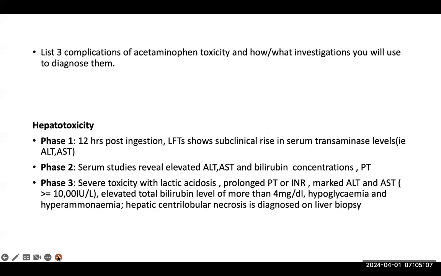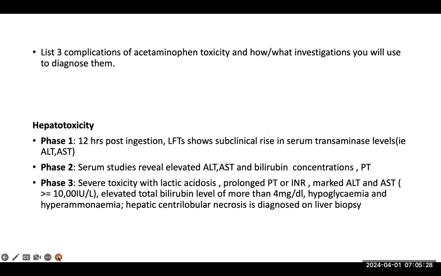So phase 1, it was 12 hours post-ingestion, where your LFTs show subclinical rise in serum transaminase levels, that's your ALT and your AST. Then you have phase 2, in which serum studies reveal elevated ALT, AST, and bilirubin concentrations, and also your prothrombin time.